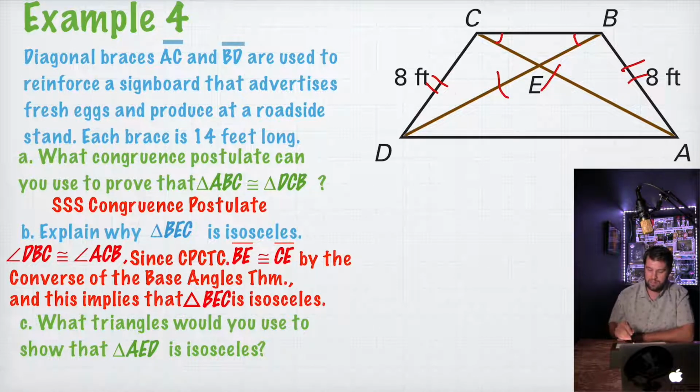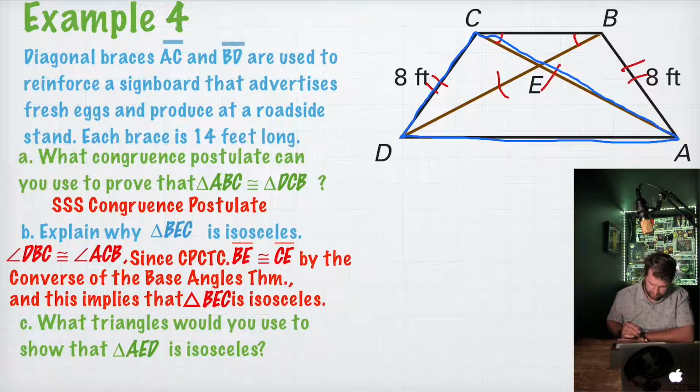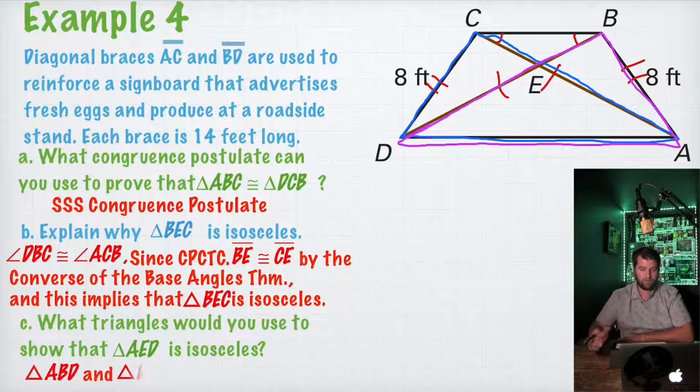What triangles contain both the brown line and the 8 and share this common side? I'm going to go ahead and draw it in blue. Okay. DCA has the 8 and one of the brown lines. And then I'm going to draw the other one in purple. Okay. ABD also has one of the brown lines, an 8, and shares a common side, DA. So those are the two triangles you would use to prove that AED is isosceles.